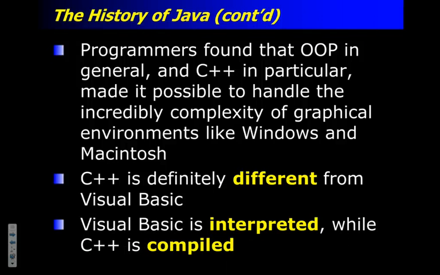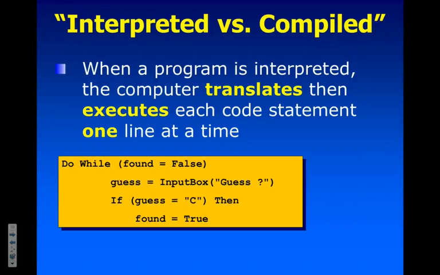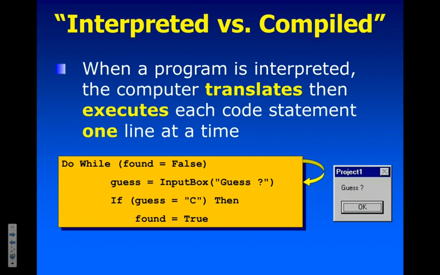C++ is what's called a compiled language versus other languages like, for example, Visual Basic, an older language, which is an interpreted language. The difference is, and you had this in C# last year, whether it runs your code one line at a time or runs all of it at once. In an interpreted language, it'll run one line at a time and look for errors as it's running it.